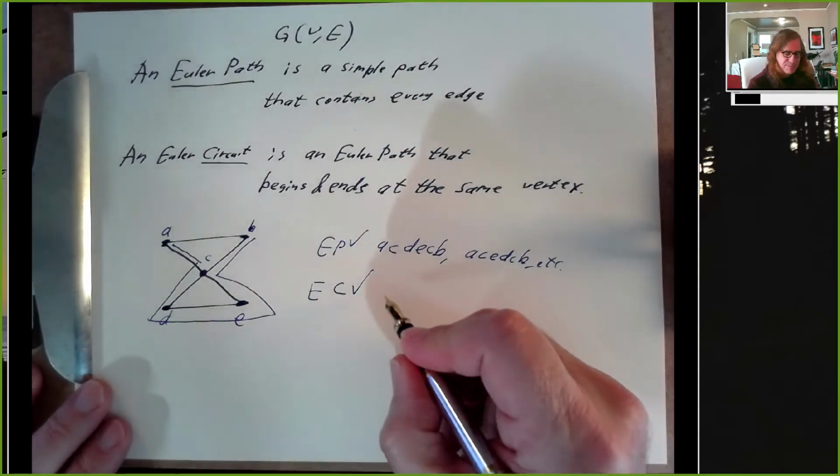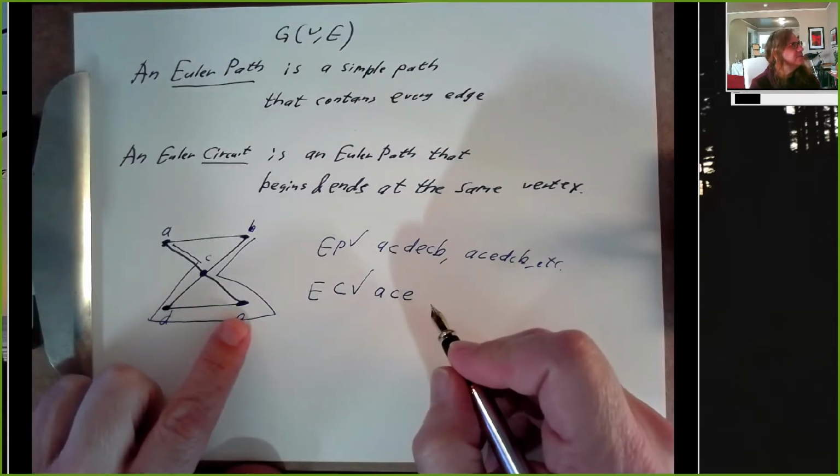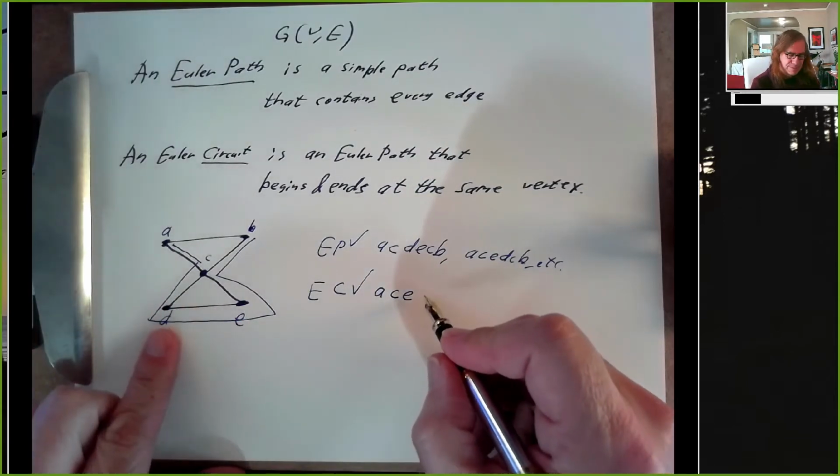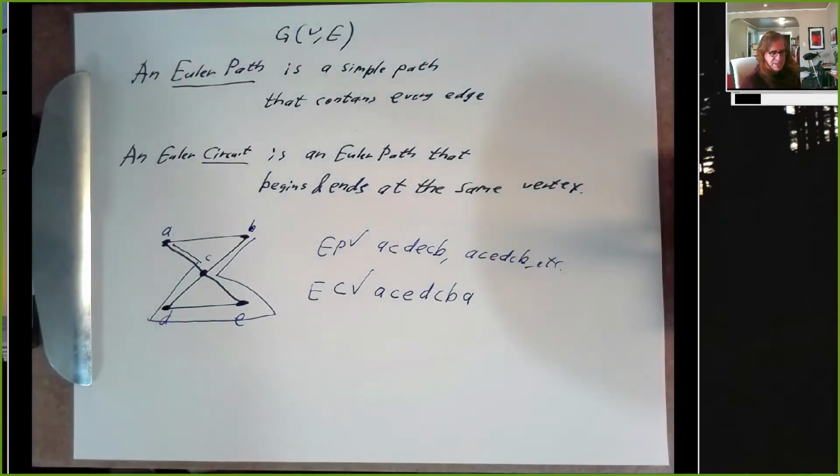So for example, A, C, E brings us down to here, and then D, C, B, and back to A. So there's a graph that has both.